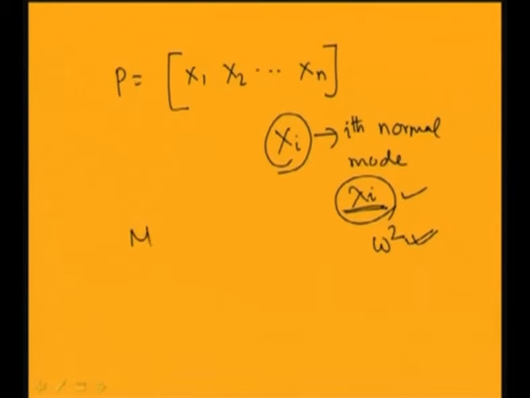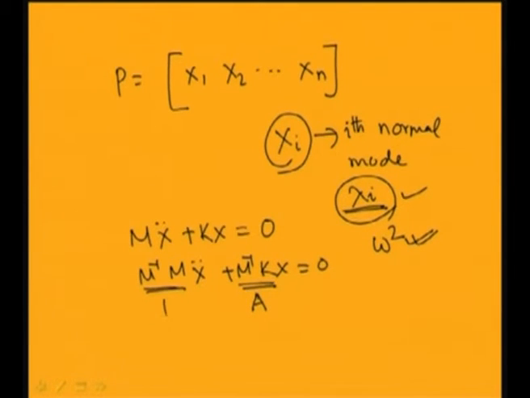In the stiffness matrix formulation, the equation of motion for free vibration is m x double dot plus k x equal to 0, and you can write m inverse m x double dot plus m inverse k x equal to 0. So m inverse k equal to A and m inverse m is I, so the equation reduces to I x double dot plus A x equal to 0.